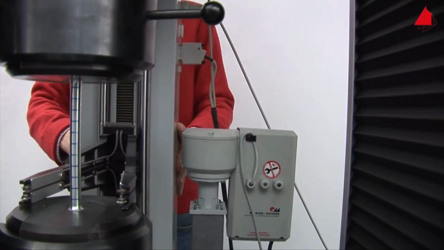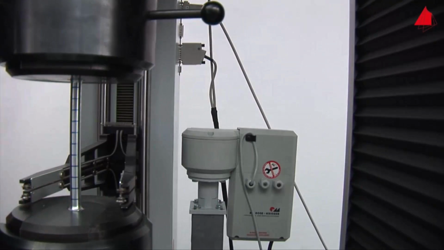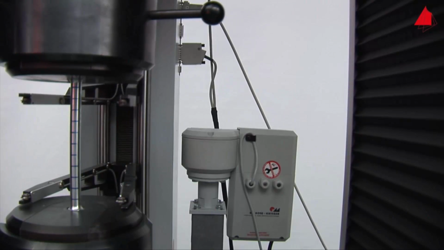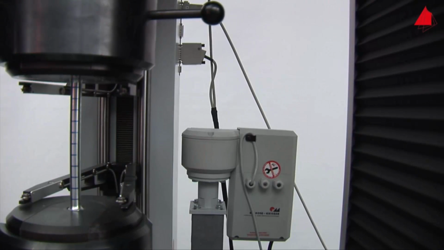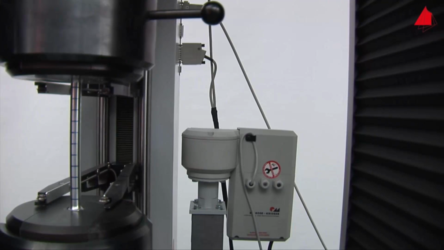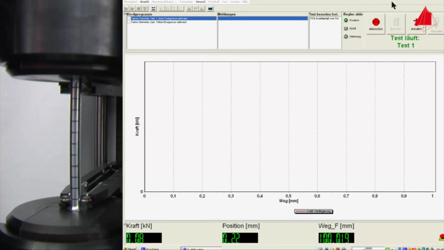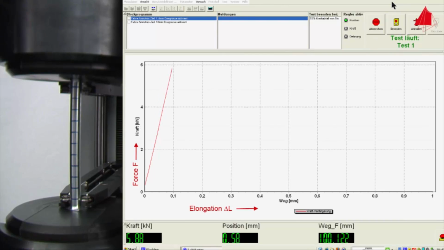After fitting the test piece into the testing machine and panning the extensometer into its working position, the test can start. The initial linear curve in the force elongation diagram again shows the elastic behavior of the material.